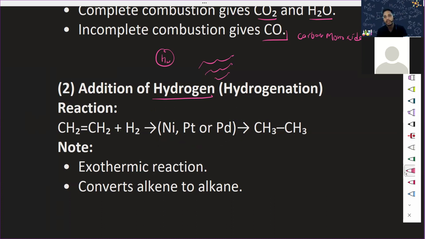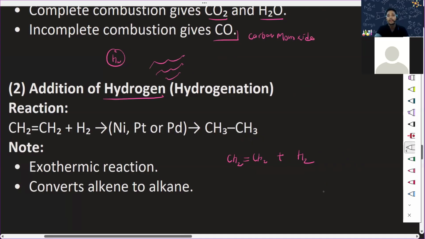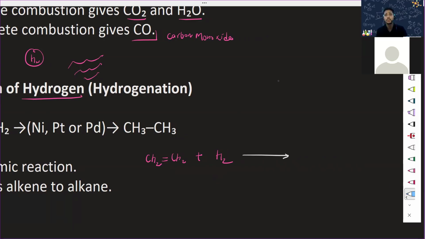I will explain again. Now tell me one thing. CH2 and CH2 with a double bond is there. I need to add hydrogen into this. But hydrogen is what? Hydrogen is a gas. Yes or no? It's a gas. So I need something called a catalyst to speed up the reaction, as well as to make sure this happens again and again.